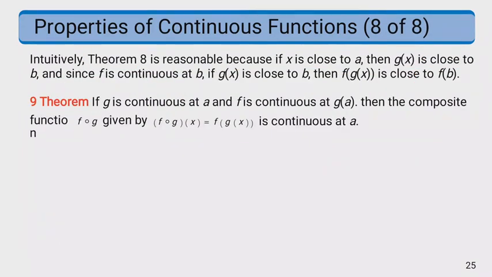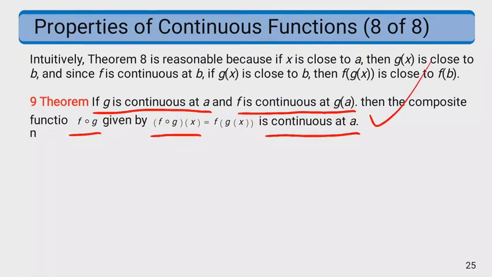So in general, we can say if g is continuous at a and f is continuous at g of a, then the composite function given by f of g of x is continuous at the point x equal to a. That's one thing you should bear in mind.